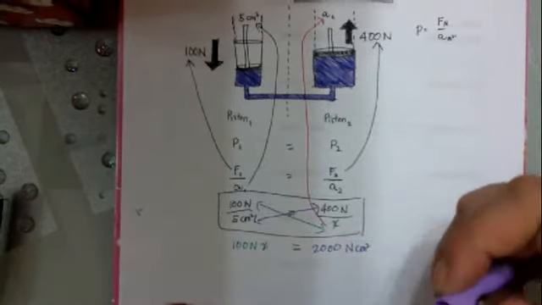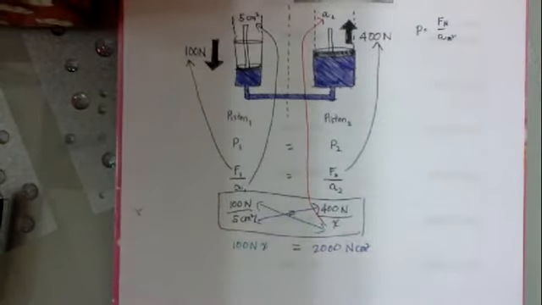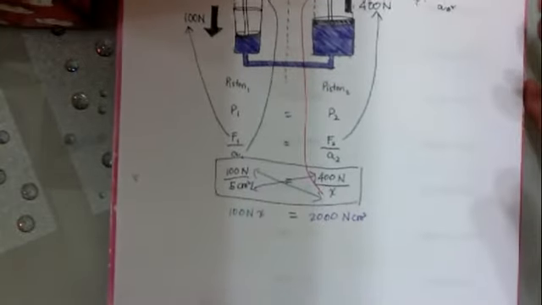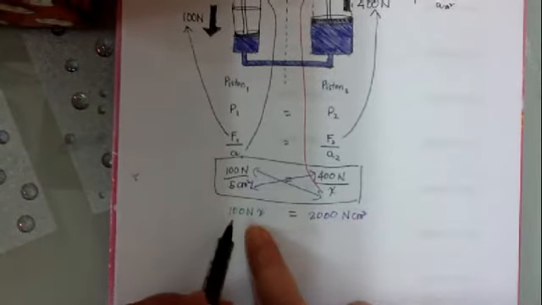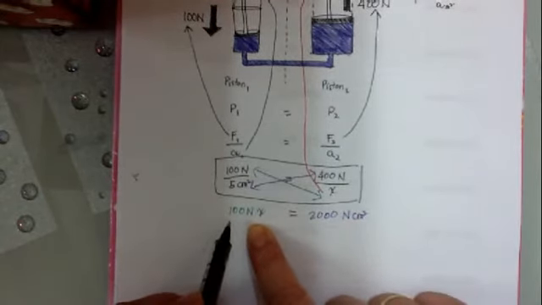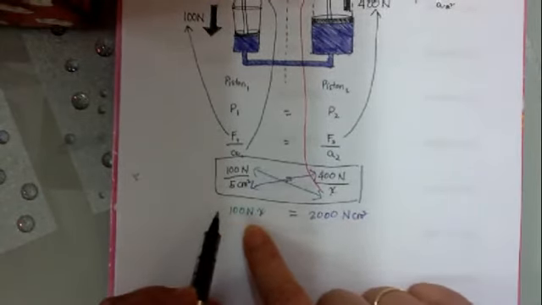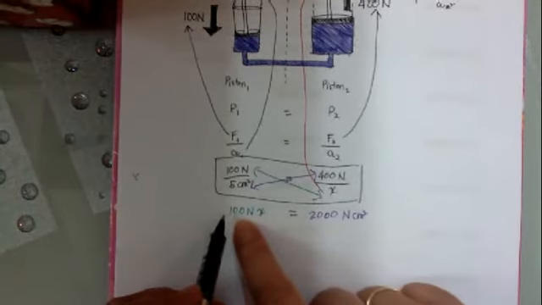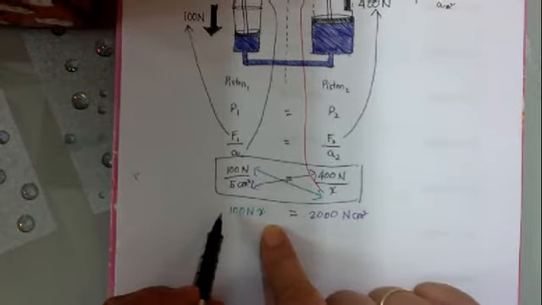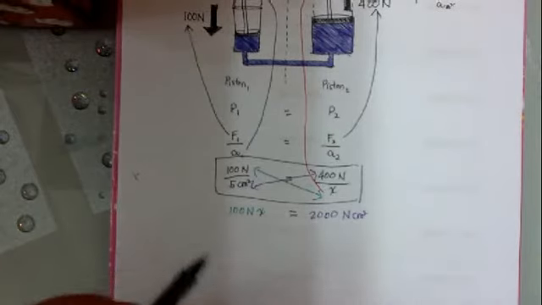So what do I do next? Isolate the variable. We want x to be by itself. Since this is a multiplication operation, in order to remove 100 newtons, I need to divide by 100 newtons so that x will be left behind.